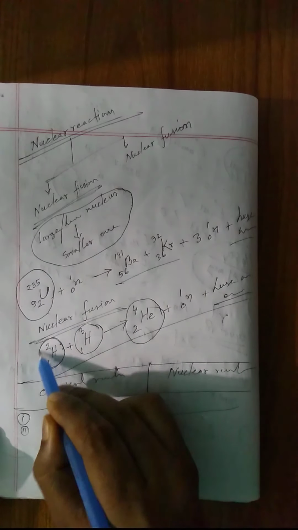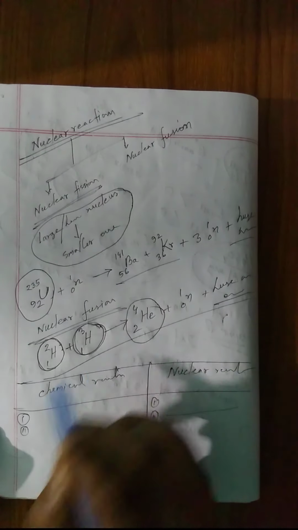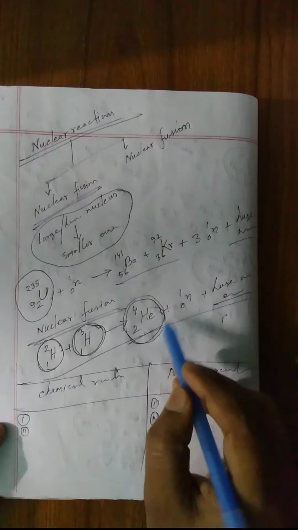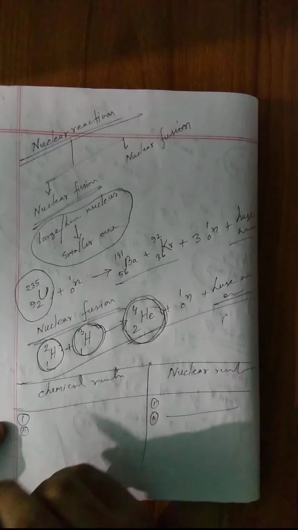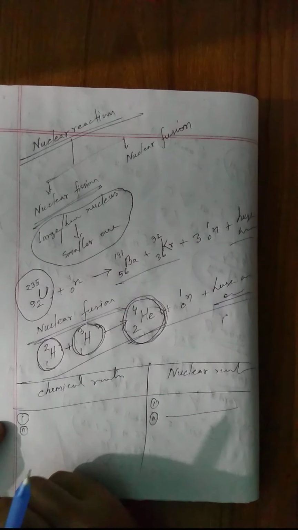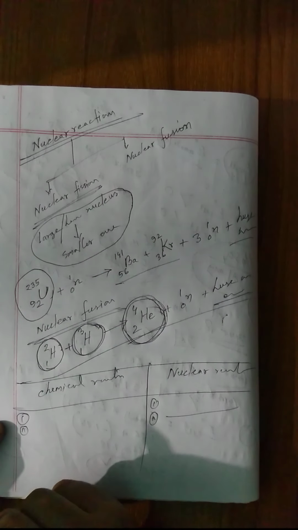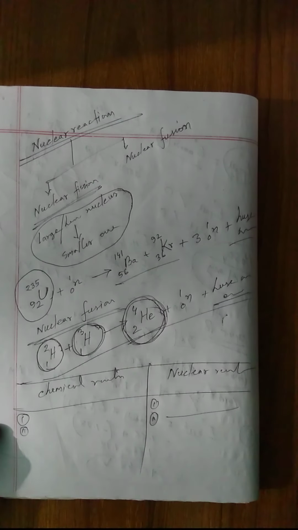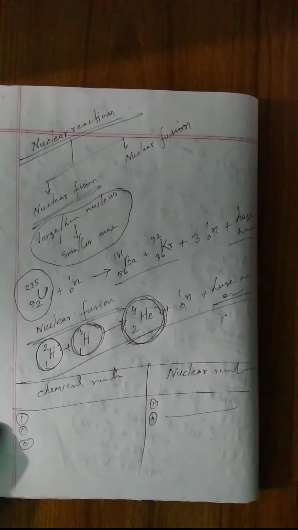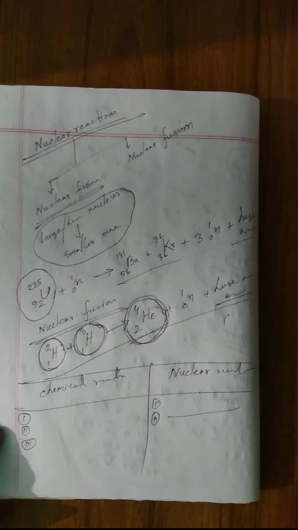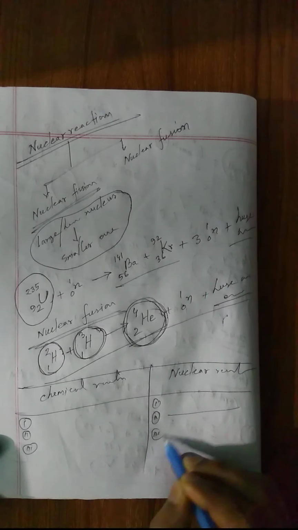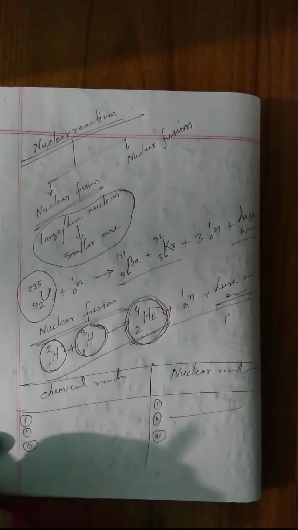Suppose these two types combine with each other and form this one. So this is a different element from these two. So in nuclear reaction a new element is produced. Third, the amount of energy produced in chemical reaction is less than nuclear energy, and in nuclear reaction a huge amount of energy is produced.